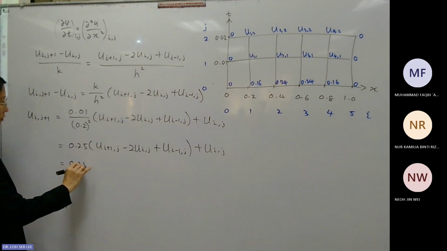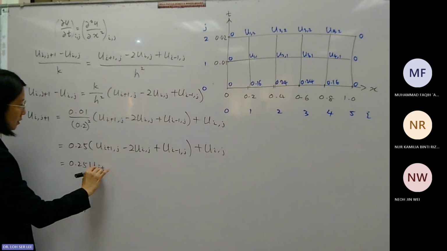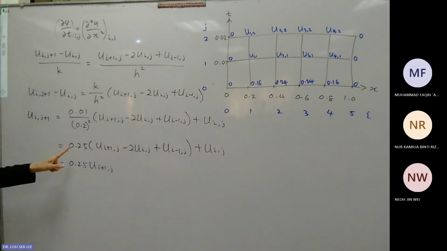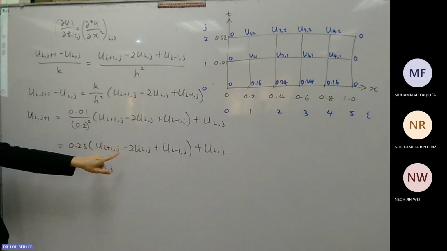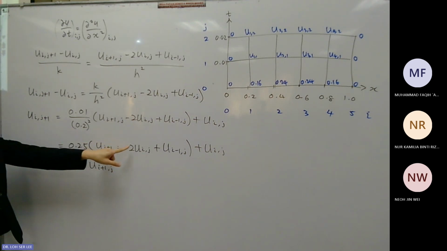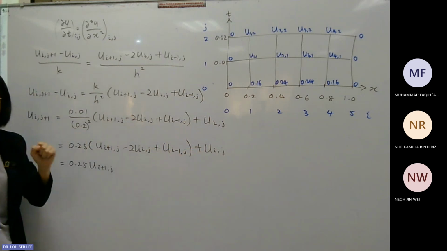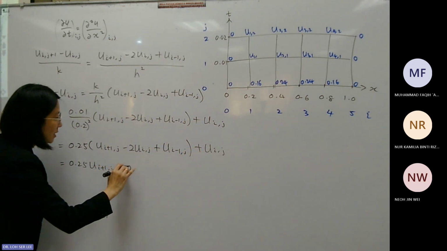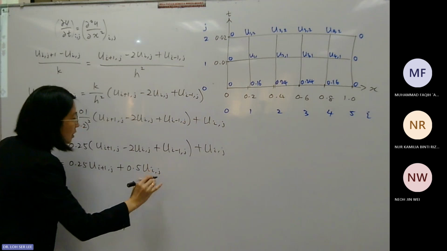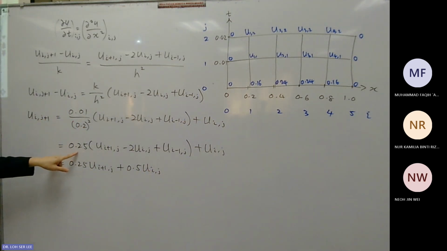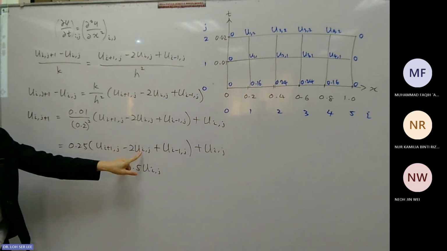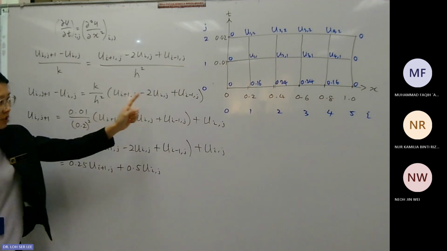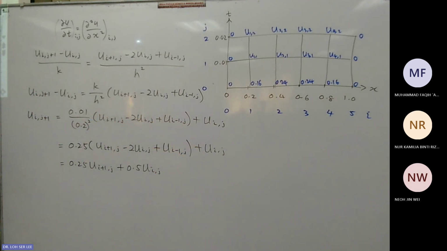So 0.25 for the first one. 0.25 times -2, that means negative 0.5. Negative 0.5 plus 1, so plus 0.5 Uij. Again, 0.25 multiplied to this -2, you get negative 0.5 Uij. Then the negative 0.5 Uij plus 1 Uij means positive 0.5.